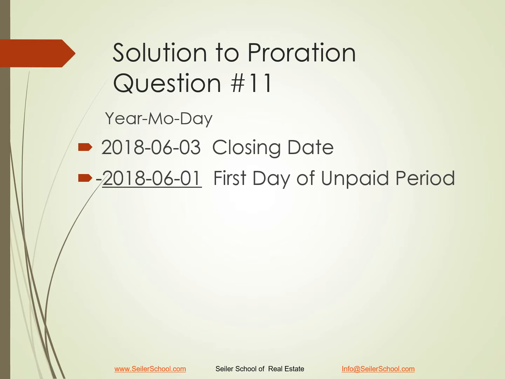So even though she made her mortgage payment on June 1st, it paid for the month of May. So the first day of the unpaid period is June 1st of 2018, which is 2018, June the 6th month, and the first day. Our subtraction, we end up prorating 2 days.